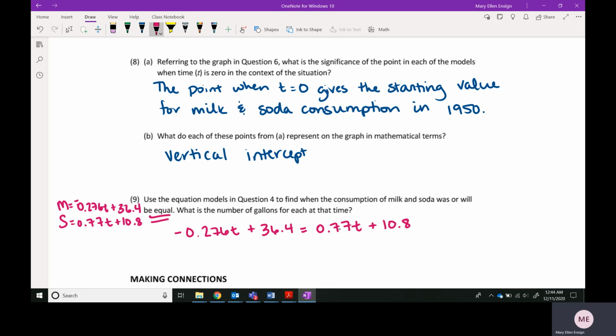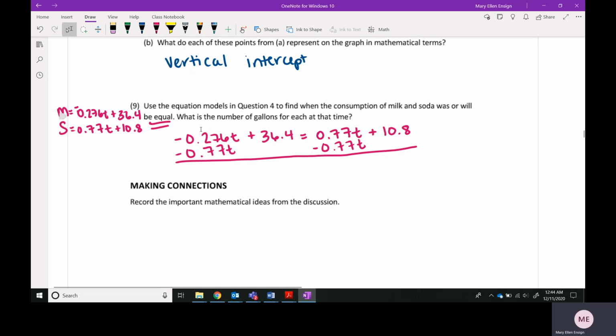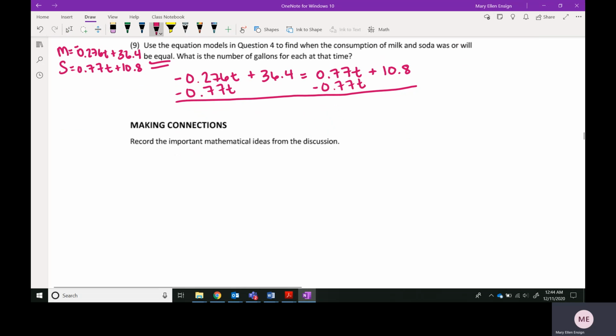Okay, so we want to move things around so all of the t's are on one side and all of the numbers are on the other. We can move things whichever way. I'm going to move this term right here. So if I want to move it, I subtract it. This might look a little more complicated than some of the other equations we've done just because the numbers have a few decimal points, but it's the same process. The reason I chose to subtract that is because then on the right side it goes away and it equals 0, right?